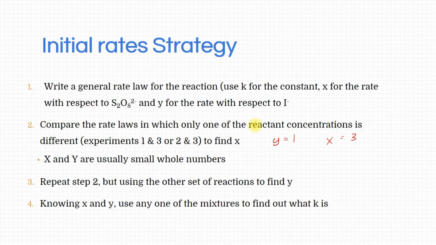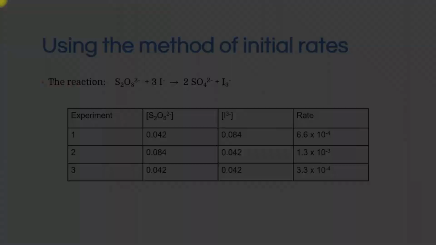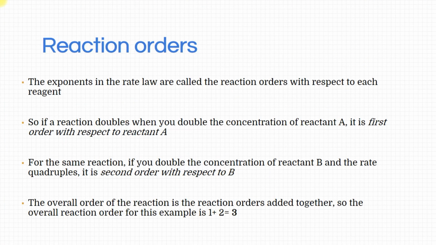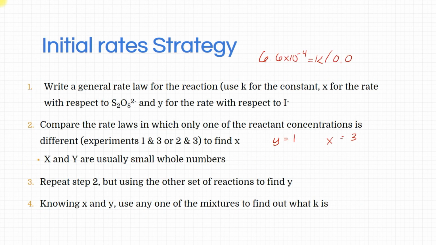So if the rate is 6.6 times 10 to the negative 4, I'm trying to find k, I don't know it yet. And my concentration is 0.042 for my persulfate. And we said that one was 3, that's the x, and it's 0.084 for that one, which is going to be raised to the 1.